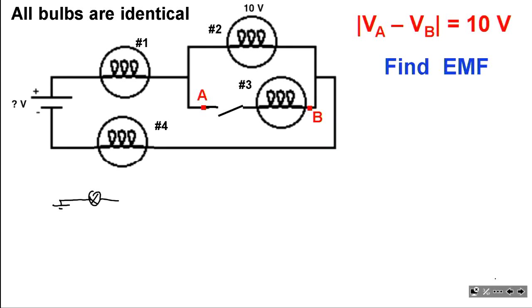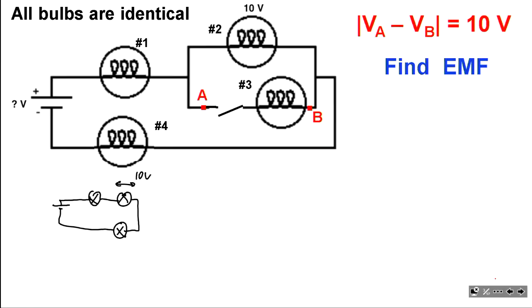Bulb number 1, bulb number 2, bulb number 3. And this bulb has voltage across it, 10 volts. And now, again, we have two options. Number one, actually calculating things, proving what we should know already, that if we have the same bulbs and they have the same electric current through each bulb, they should experience the same voltage across.